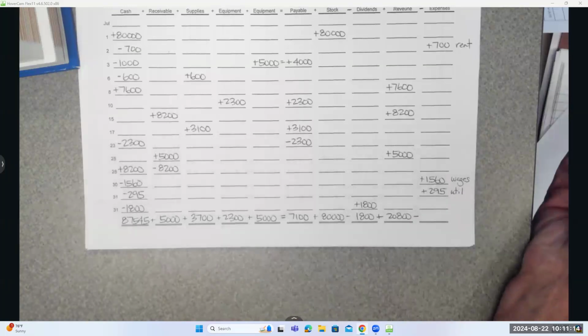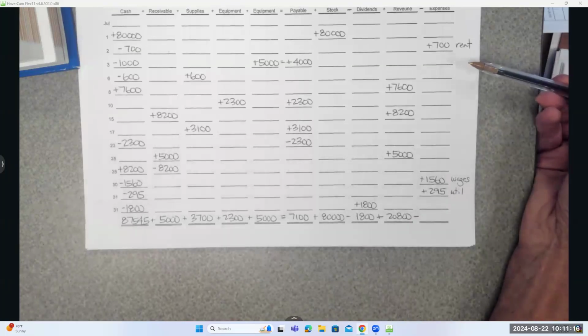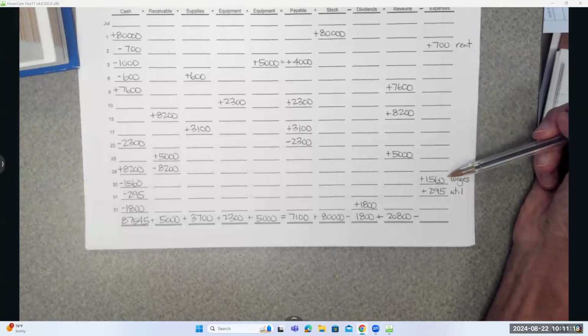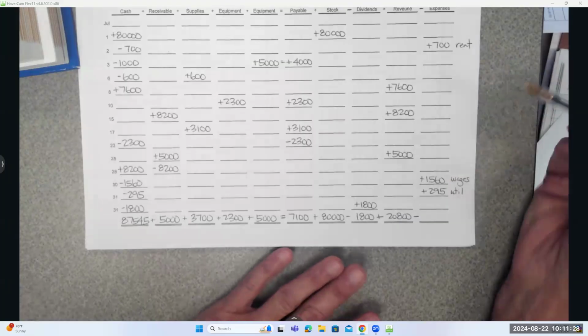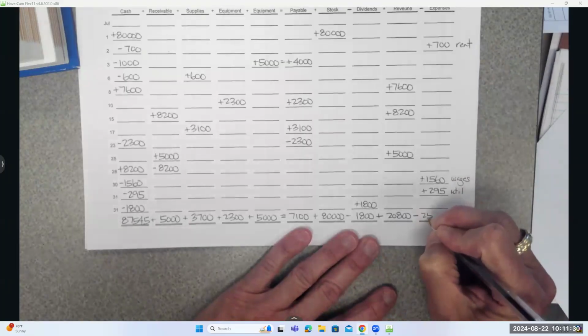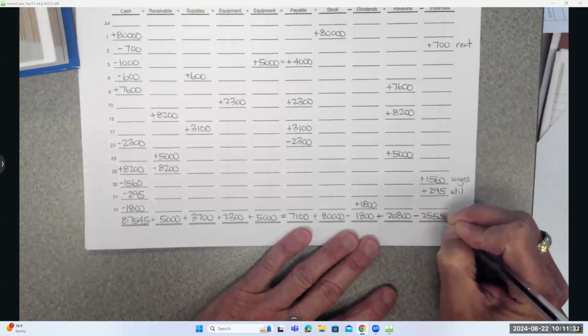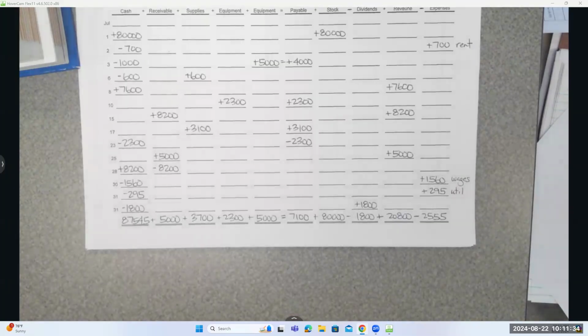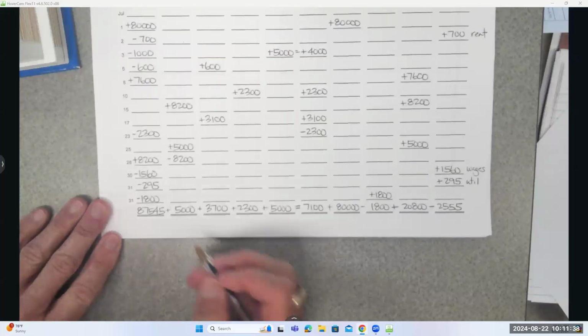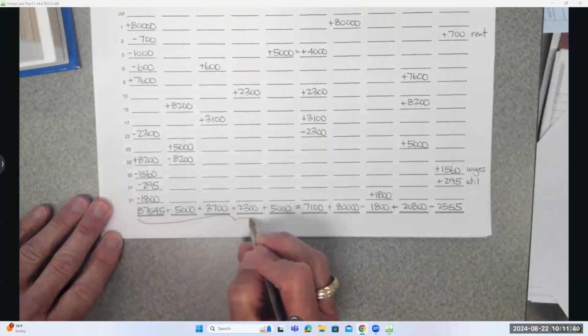And in order to do that, we used expenses of 700 for the rent, 1,560 for paying our assistant, and 295 in utilities. $2,555 in expenses. Now let's just double check.